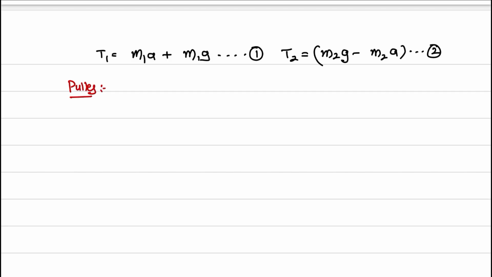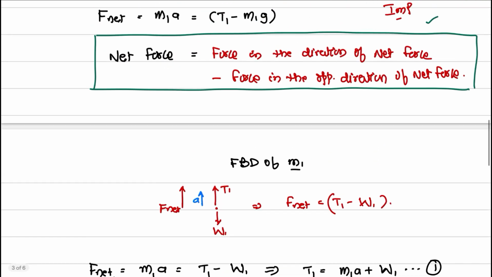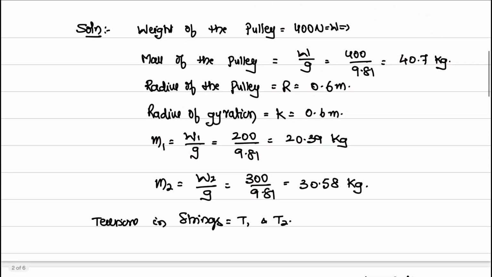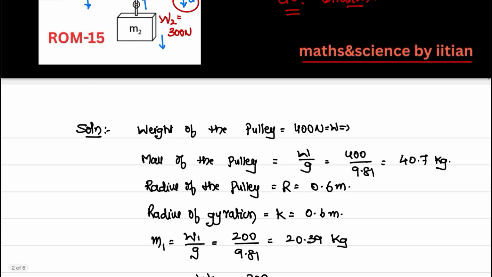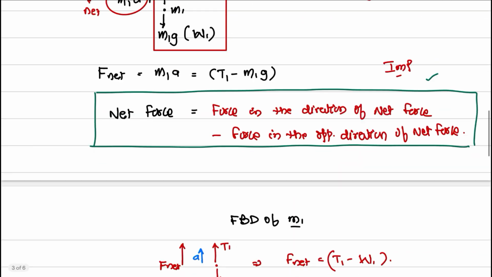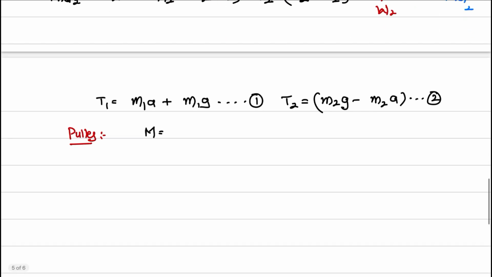Pulley, what is given? Mass of the pulley is equal to, what is the mass of the pulley given? The weight of the pulley is given, mass of the pulley is not given. Mass of the pulley is 40.7. We have calculated already. M is equal to 40.7 kg.